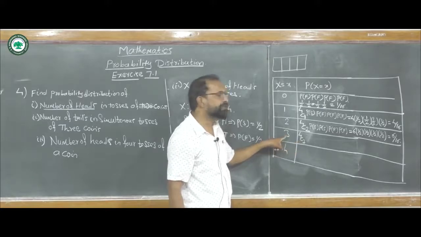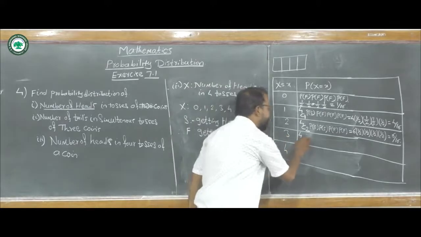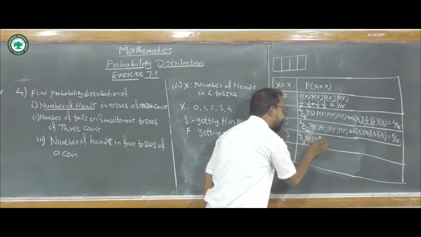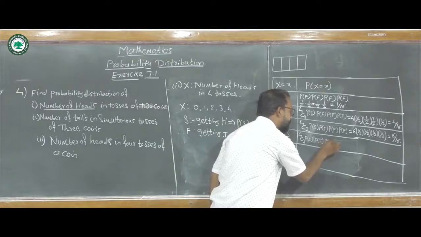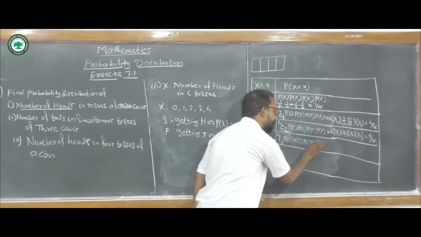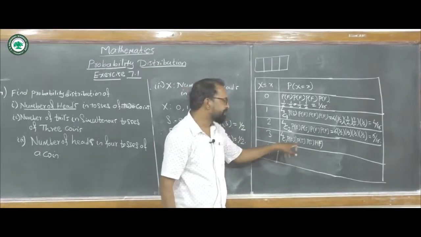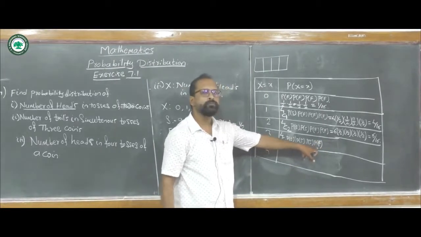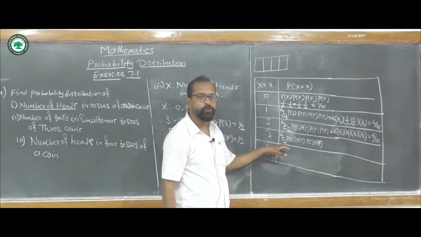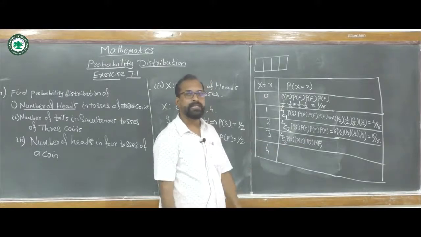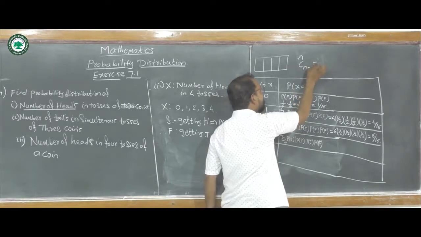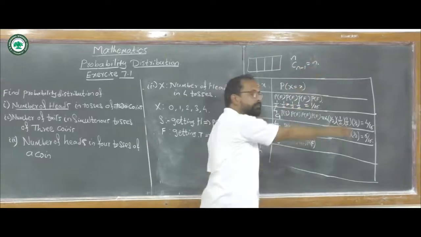Now here we consider the 3 successes. So probability of success into probability of success into probability of success into probability of failure. That is 3 successes and 1 failure. And now again 4C3. 4C3 is 4, because nCn minus 1 is always n.